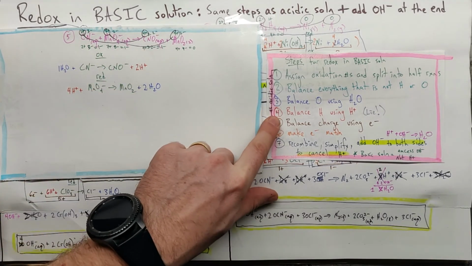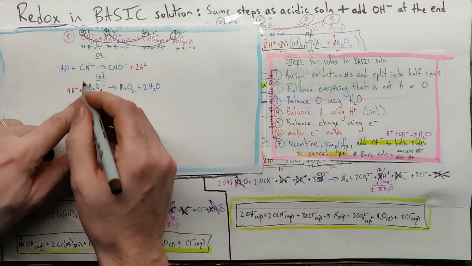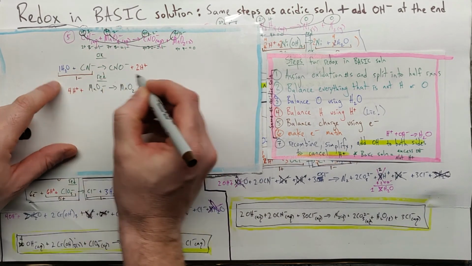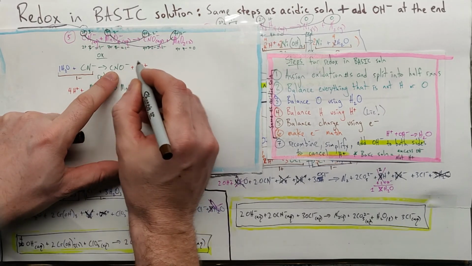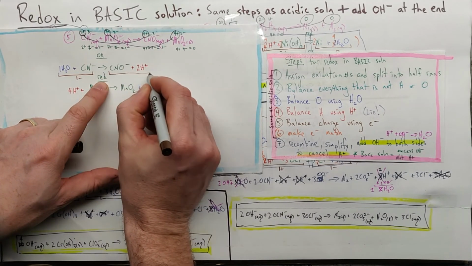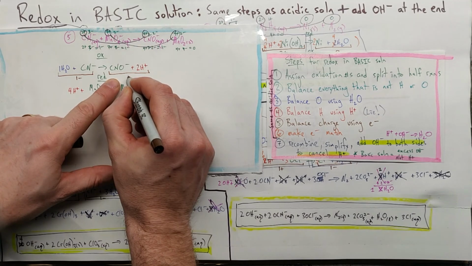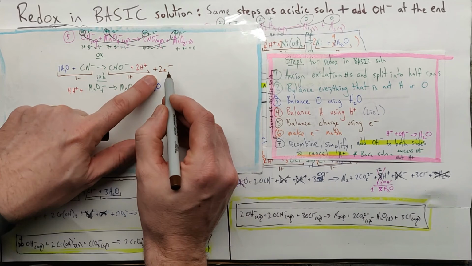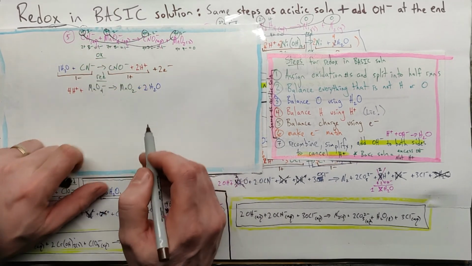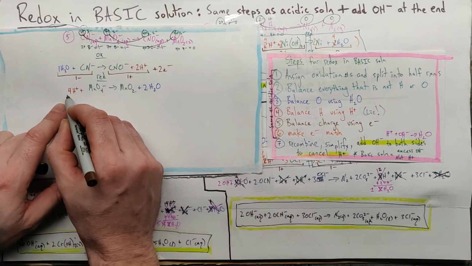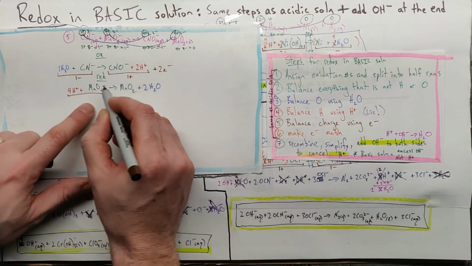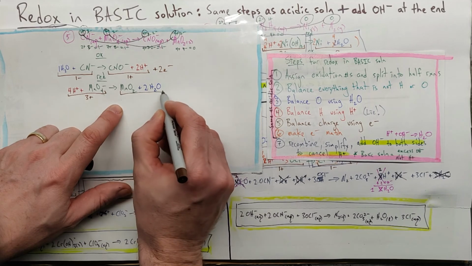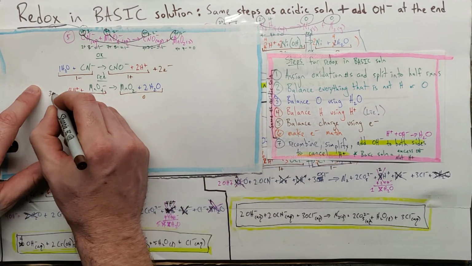We're supposed to balance charge using electrons. In this case, I've got a 0 and a 1 minus, so this side is a 1 minus. And on this side, I've got a 1 minus and 2 pluses, which is a 1 plus. To fix this, we're going to need 2 electrons. It's reassuring that our oxidation is producing electrons. Down here, I've got 4 pluses and 1 minus, so that should be 3 plus, and 0 and 0 means we're going to need 3 electrons to make this work.